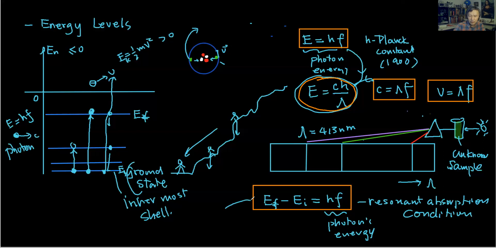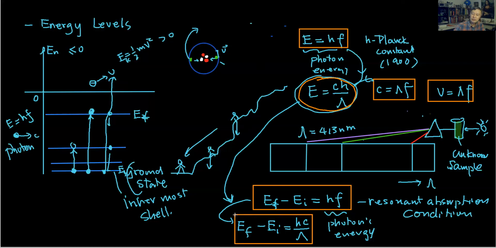You have to rewrite this formula as E final minus E initial equals hc divided by lambda. This is the derived formula. See, same form; the formula can be written in different forms. After that, spend some time to work out by yourself how to use the formula.